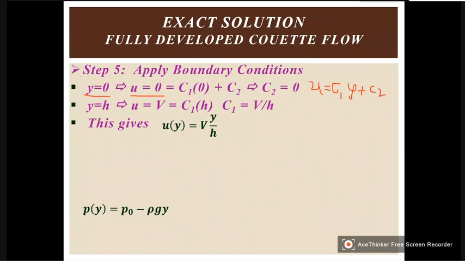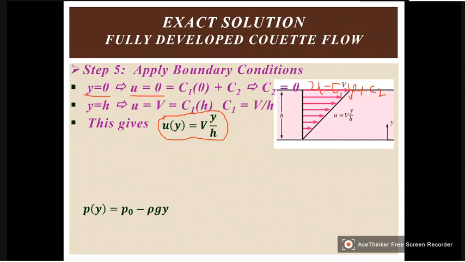If you substitute the boundary conditions, you get this equation.